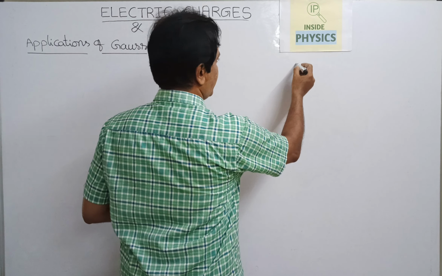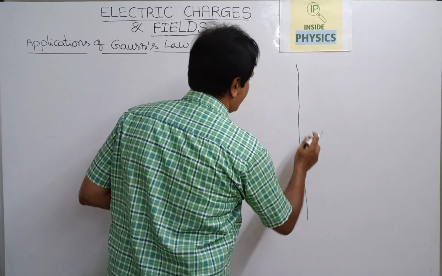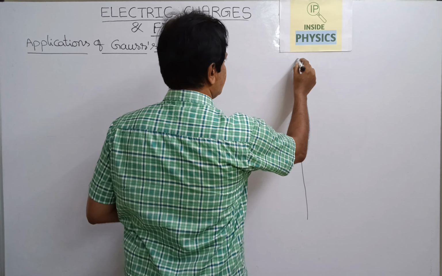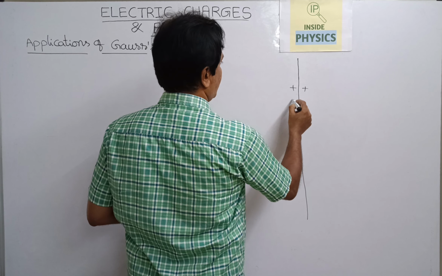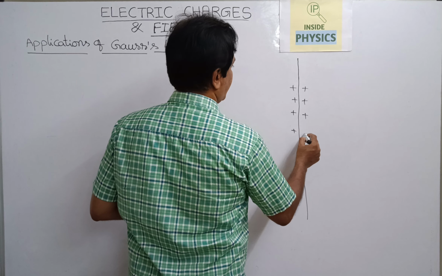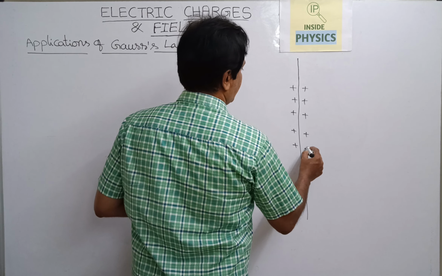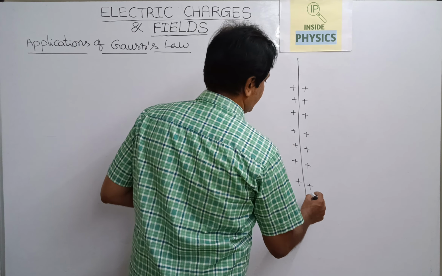For that we will take an infinitely long wire which has a positive charge on it. The surface of the wire has a positive charge, and the length is infinite.